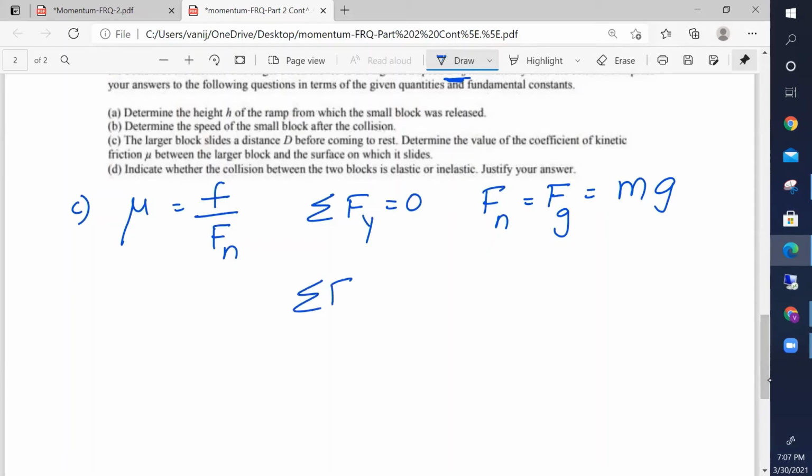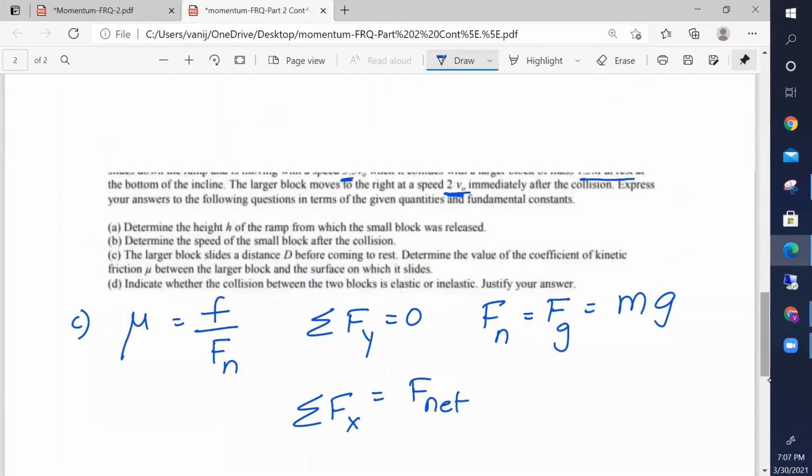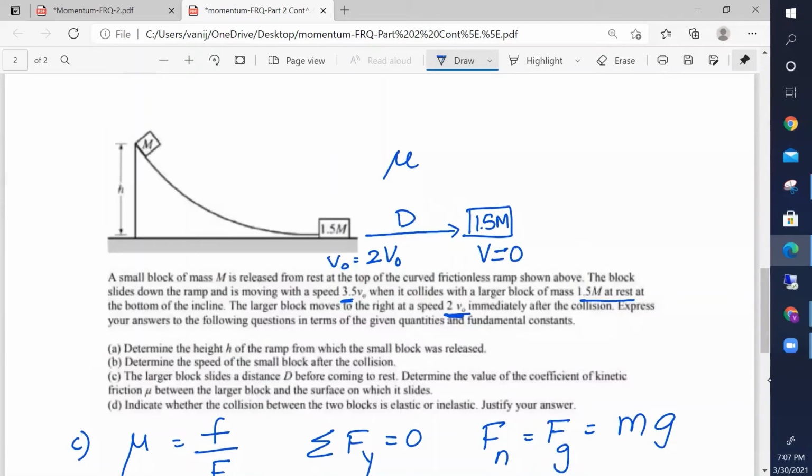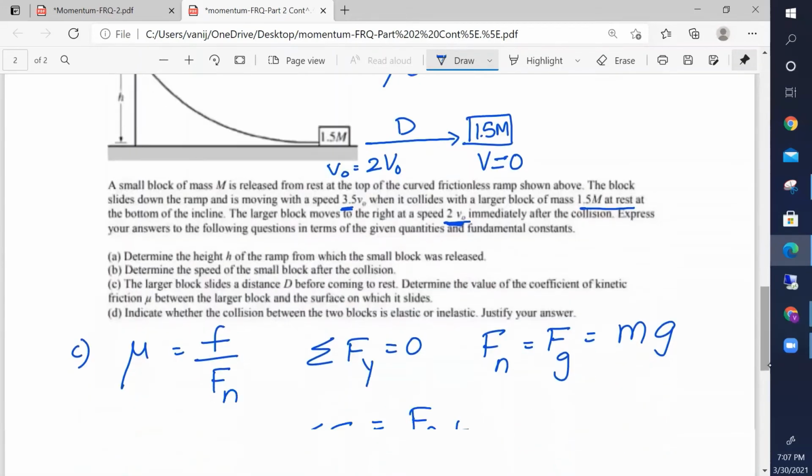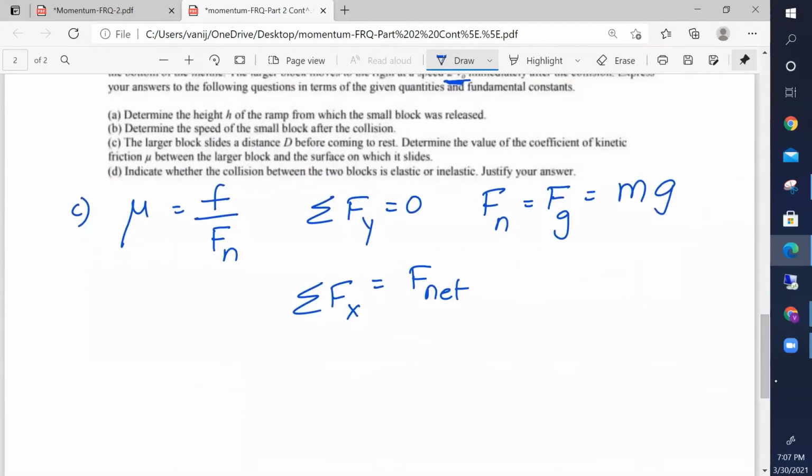Now, sigma Fx is equal to Fnet because those are the only forces accelerating this block. If you look at sigma Fx, the forces acting in the horizontal direction, there is only one force, and that force is the frictional force. So Fnet is equal to the frictional force, and that's equal to m times a, mass times acceleration.